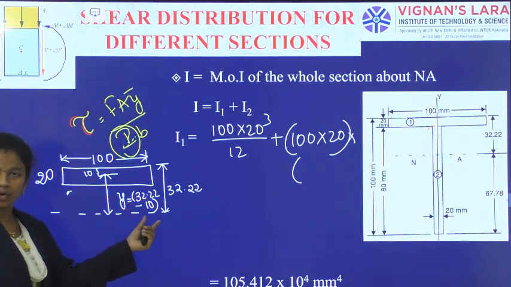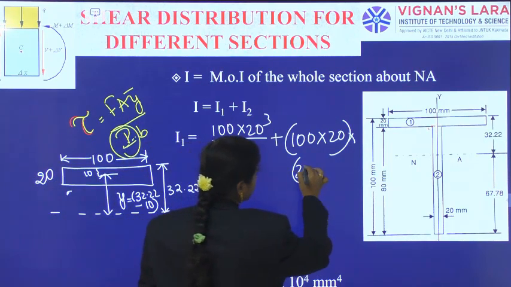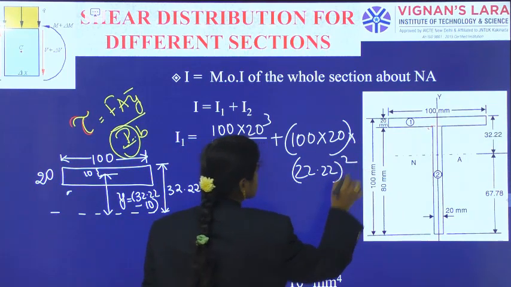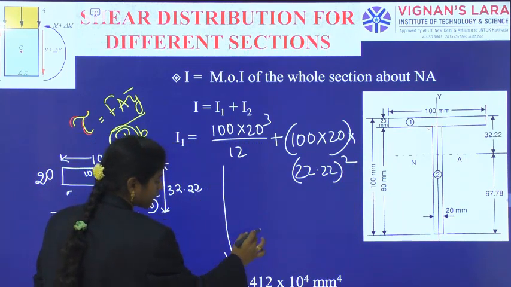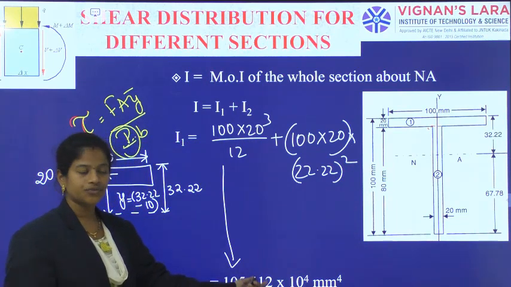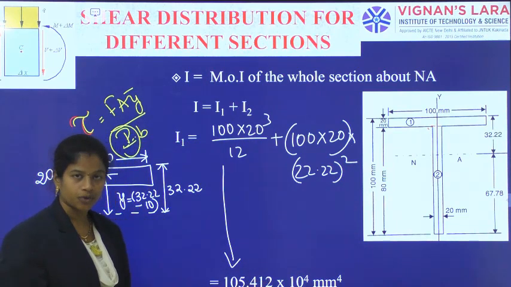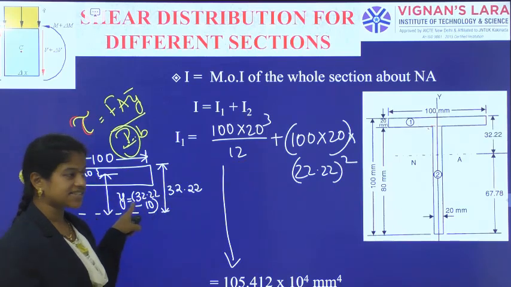So 32.22 minus 10, which is 22.22, whole square. B D cube by 12 plus A y square. Summing up, we have got the answer as 105.412 into 10 power 4 mm power 4, only for the top flange separately.